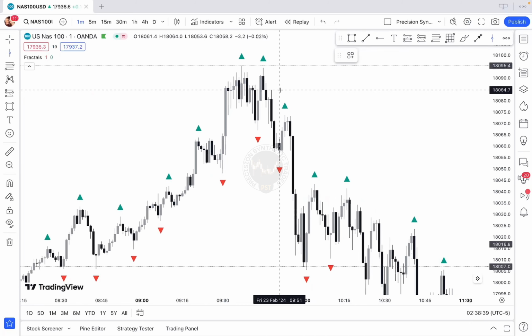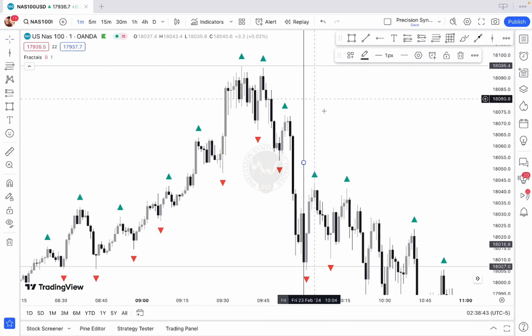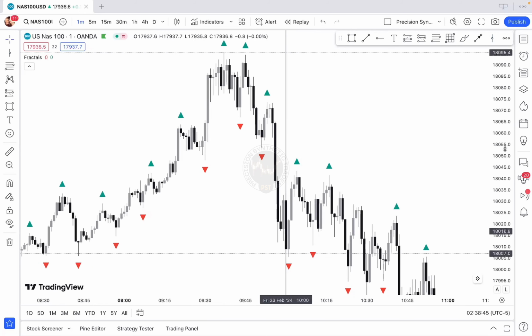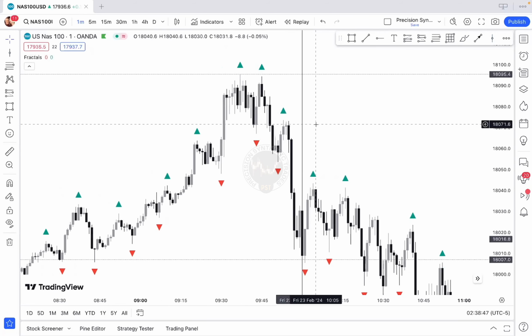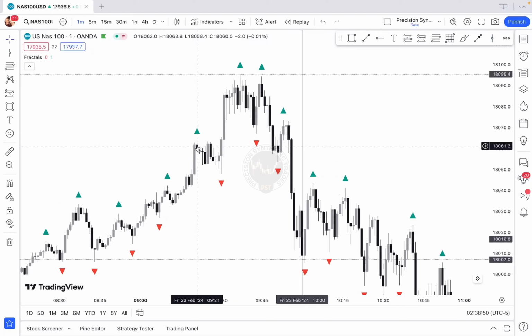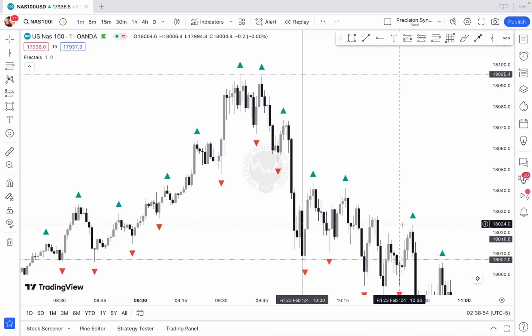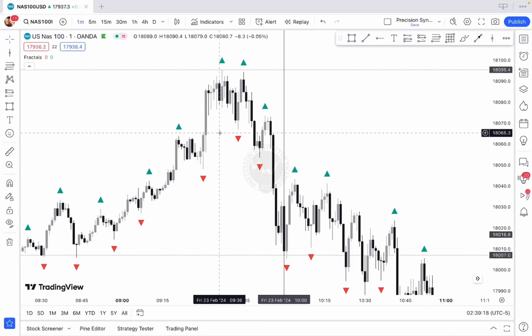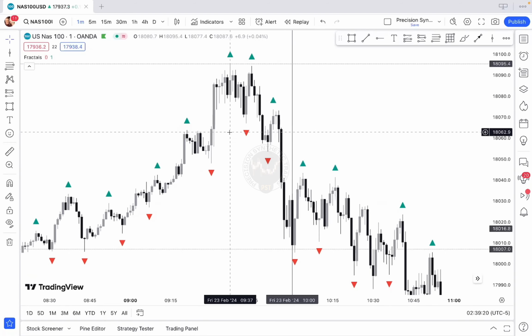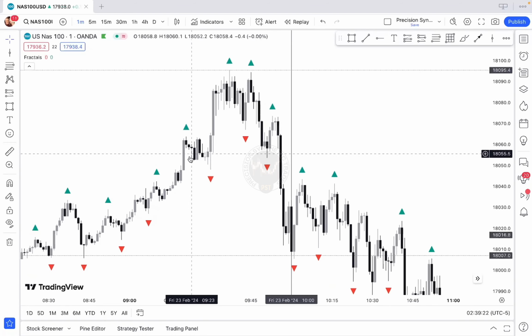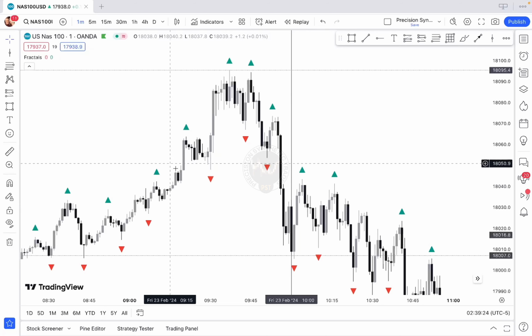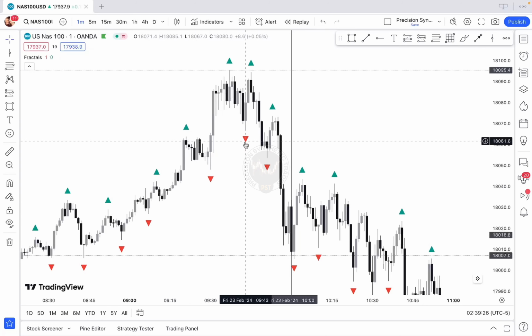All right, so we are at the next session now. Let's quickly have a look. So 10 o'clock starts there. So let's see what happened before 10 o'clock. We had our high, low, high, low, high, low, high, lows. So when we look here at the bigger picture, as you can see, we created this low, highs, low, highs.